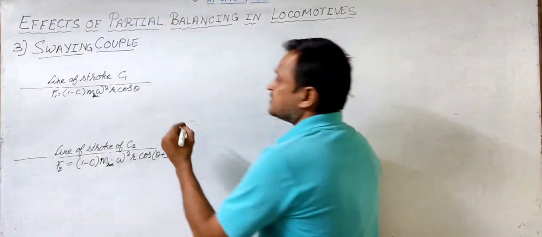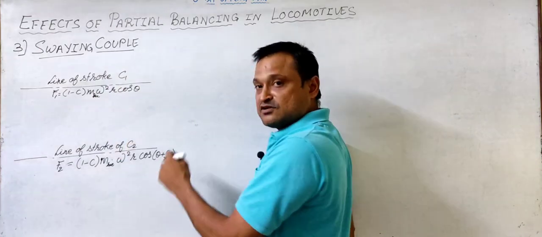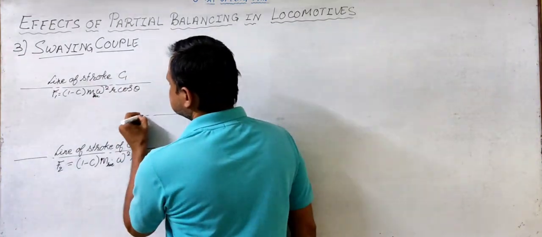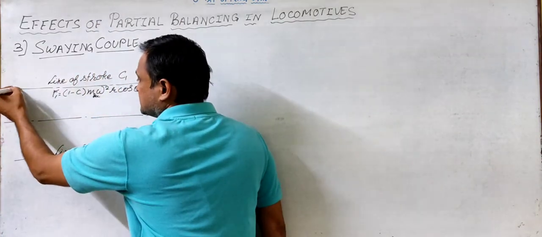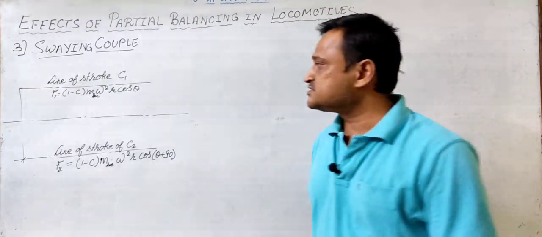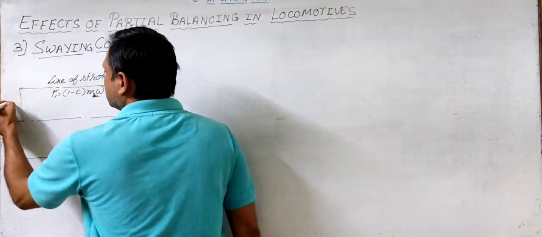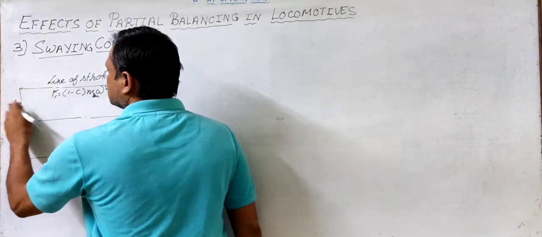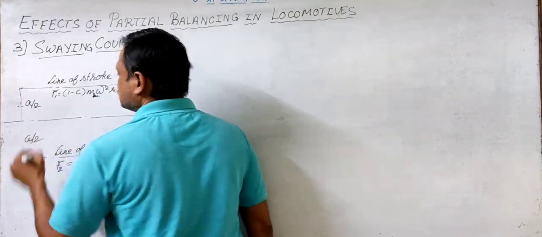Now these two forces are acting along the line of the stroke, and say this is the axis of symmetry, and the distance between the two cylinder planes of motion is a, so this is a by 2 and this is a by 2.